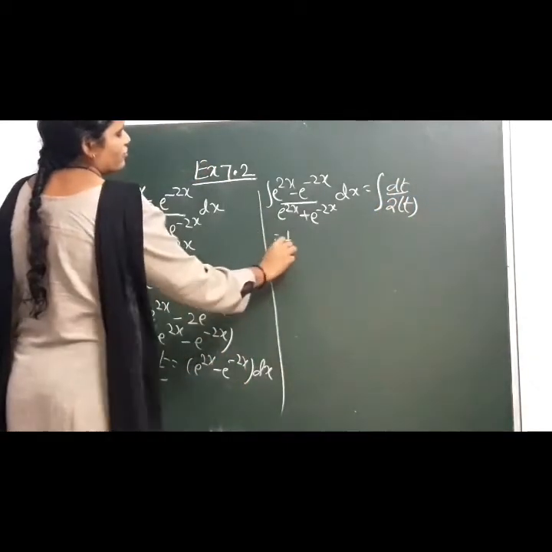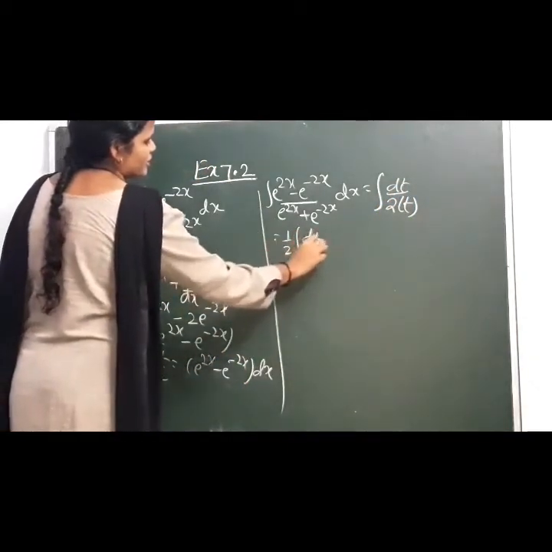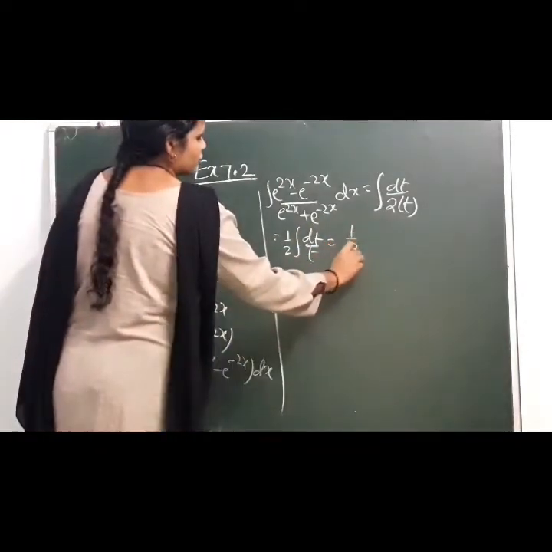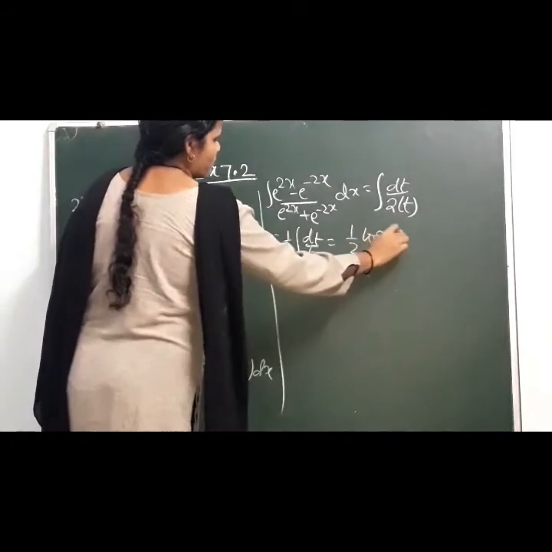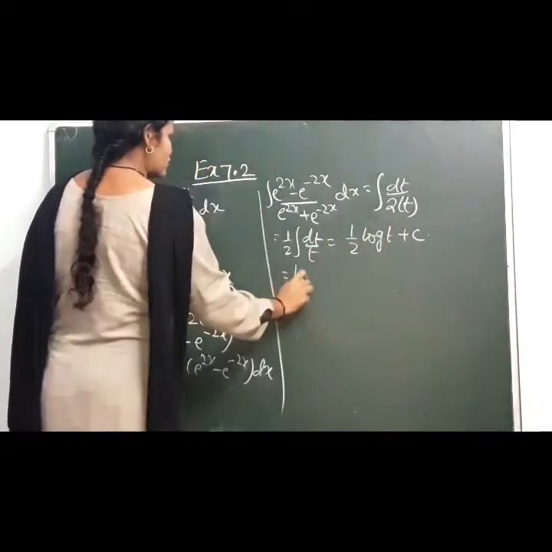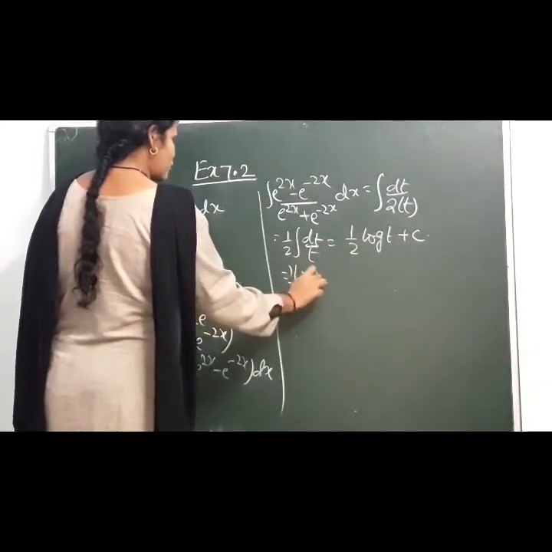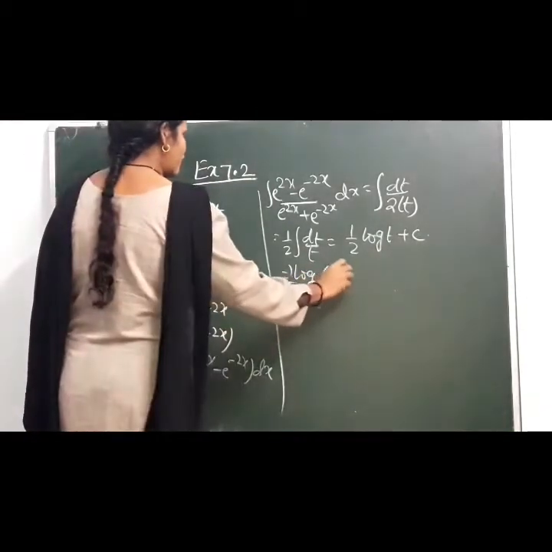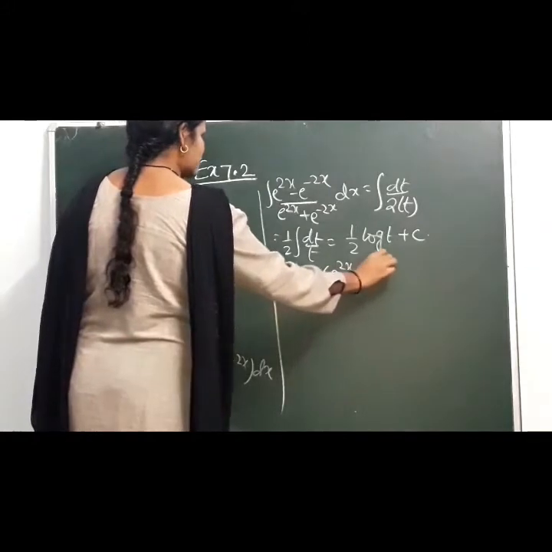So we get 1 by 2 dt by t, that is 1 by 2 log t plus c. What is the t here? 1 by 2 log (e^(2x) plus e^(-2x)) plus c.